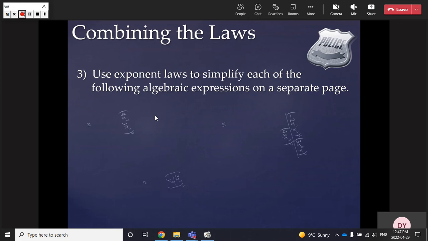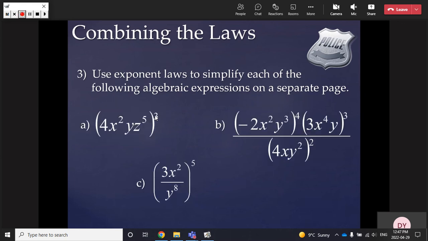Check them out. Oh, and these ones too. On a CYU, this would be like part D. These could be fairly tough, especially B. A and C could be like a part C type of question, but this B here would be like a part D for how tough that one is.